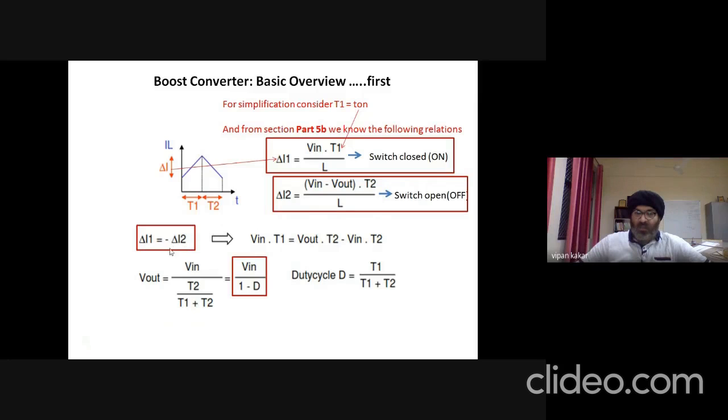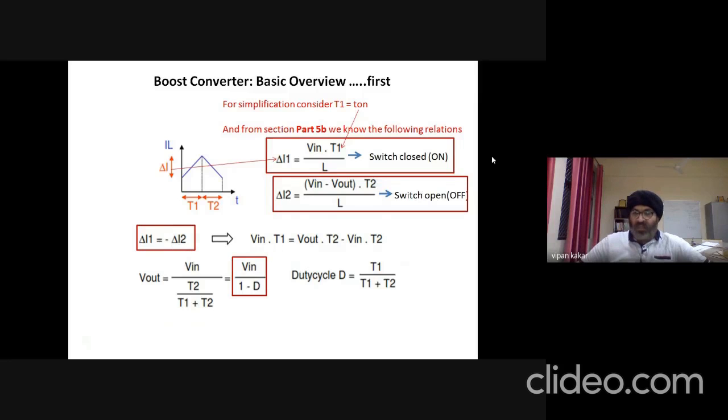So both have to be the same. The only thing is the direction is negative. So here the current is rising up, here the current is going down. So the direction is opposite to each other, and here we show it by a negative sign. If delta I1 is rising, the negative sign shows that delta I2 is decaying. So ramping up of delta I1 and ramping down of delta I2.